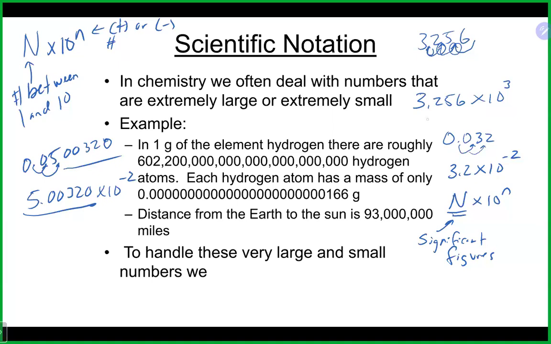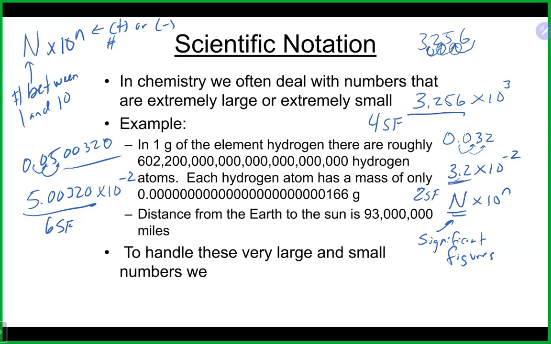So for example, this one right here would have 4 significant figures, as all those numbers are significant. This guy over here would actually have 6 significant figures, as all those are significant. And obviously here, this guy would have 2 significant figures in this case.